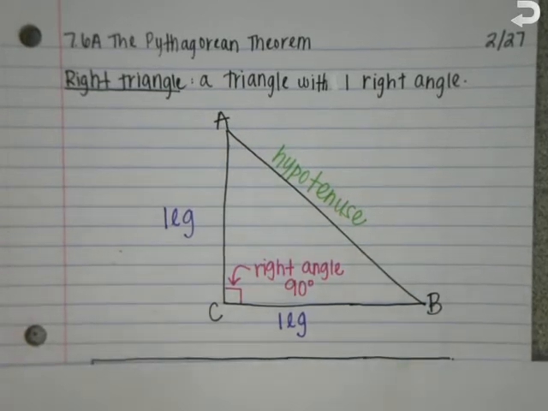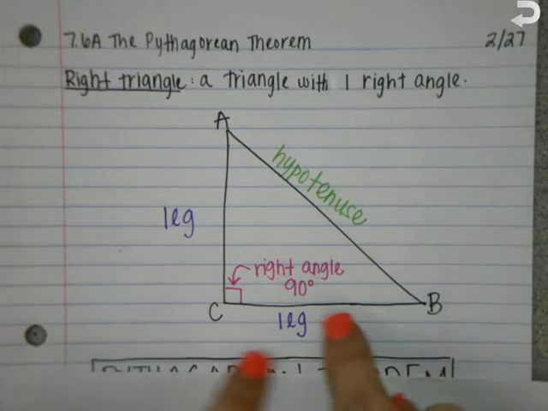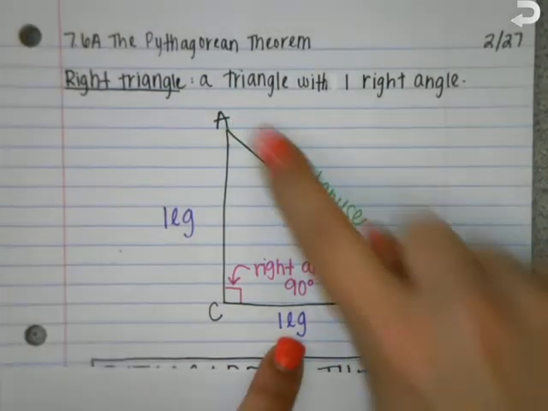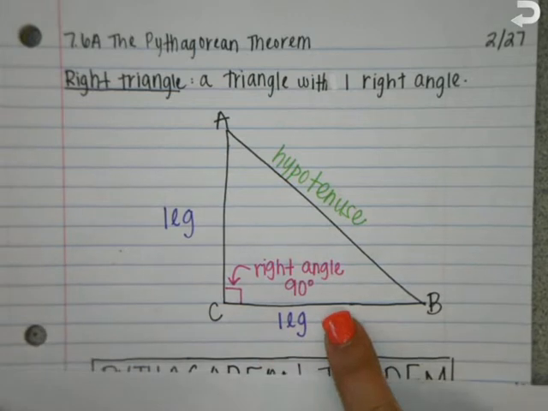But I just want to point out to you how we name these. When we are naming triangles, we call the side that's opposite of the vertex that side. So, for example, this leg would be called leg A because it's opposite of point A. Does that make sense?